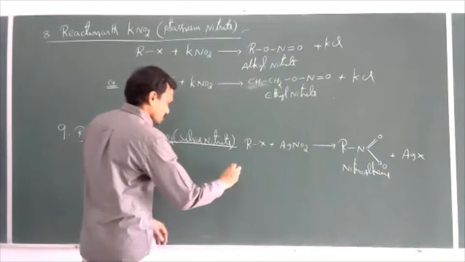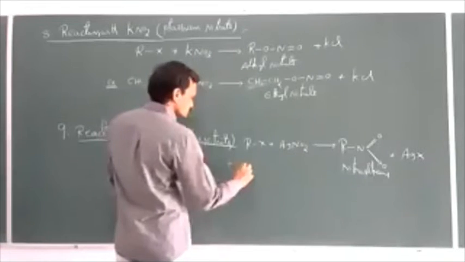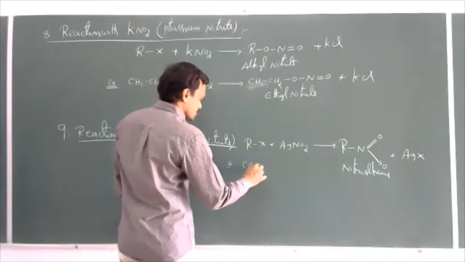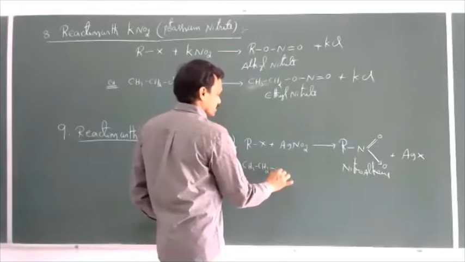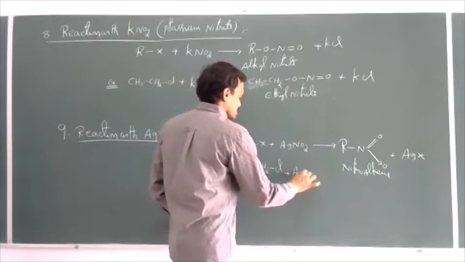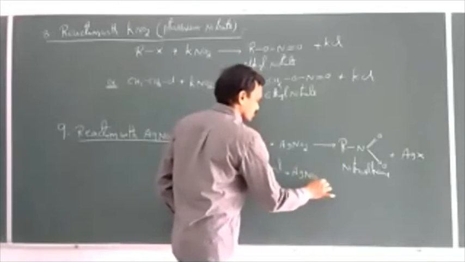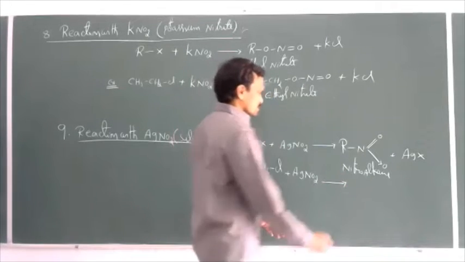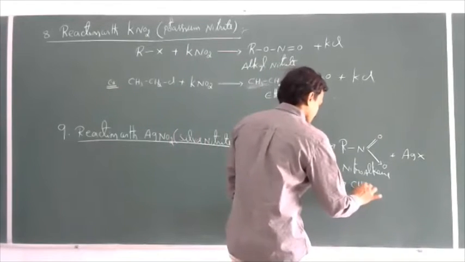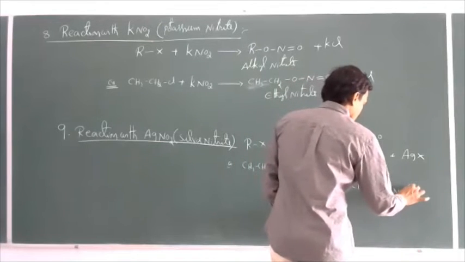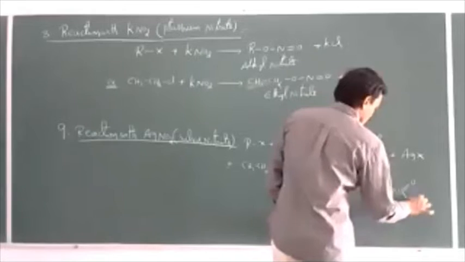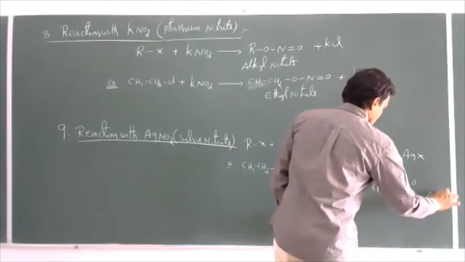And take an example here. CH3CH2Cl plus AgNO2 gives rise to CH3CH2NO2 plus AgCl.